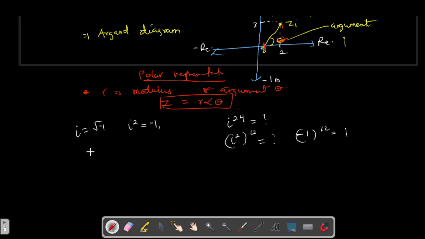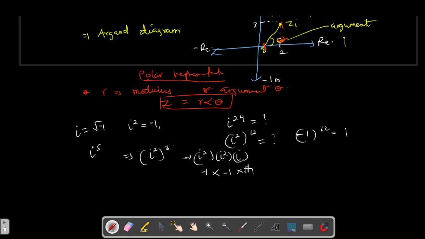Some can ask you, what is i to the power 5? i to the power 5 is simply i squared to the power 2, times i. You can say i squared multiplying i squared multiplying i. This gives us -1 times -1, and the remaining i is the square root of -1.